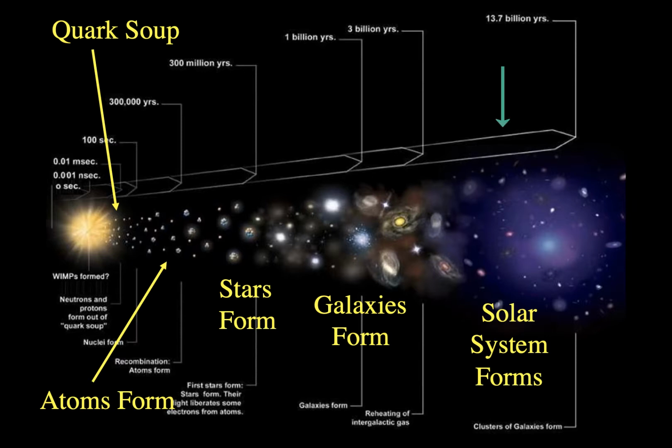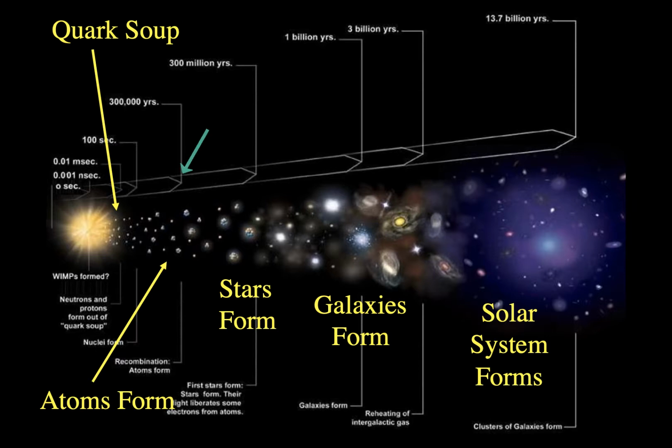Then a little while ago, the solar system formed. Before that, about 1 billion years into the universe, the galaxies formed, and about 300 million years into the universe, the stars formed.